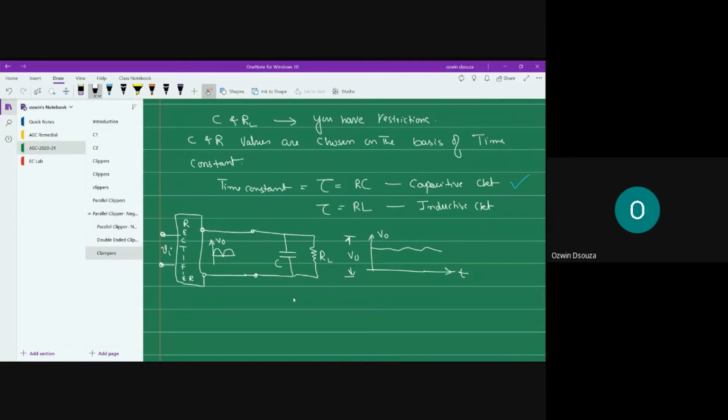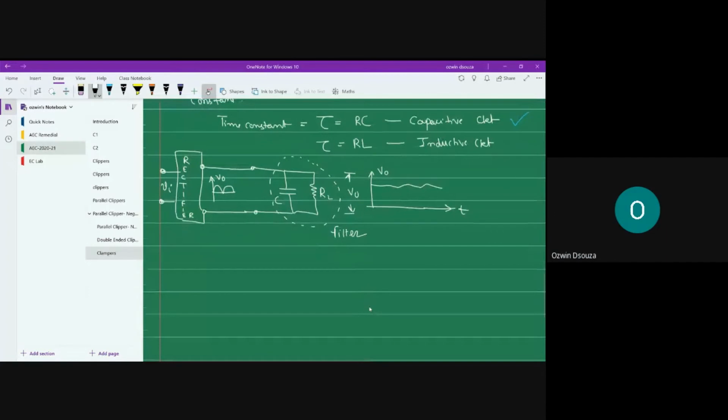This filter circuit basically gives the time constant of the circuit. The product R into C gives the time constant of the circuit.